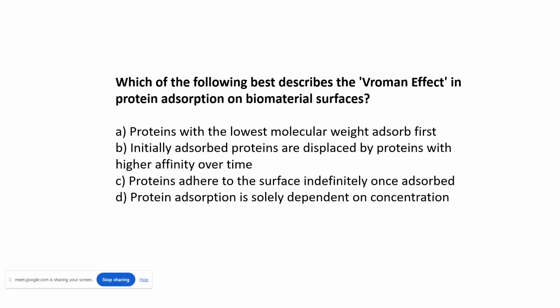The nearby proteins will start adsorbing onto the surface first, and then more stable interactions are favored over time, which replaces the initial interaction of the proteins. So option 2 would be the correct answer. Initially adsorbed proteins are displaced by proteins with higher affinity over time.